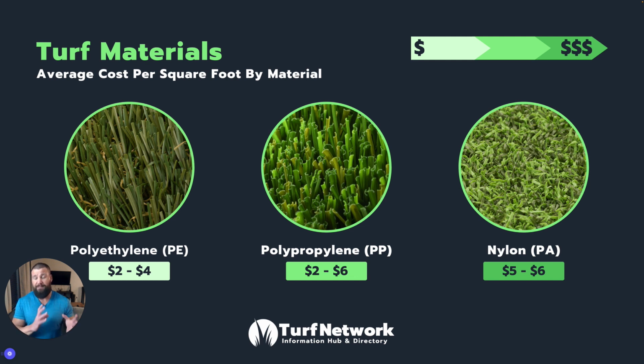One of the downsides of nylon is, as a material itself, nylon is a lot more abrasive than polypropylene or polyethylene. So it's not the most comfortable, but for pets, it's perfect because it's more durable than the other two materials and just holds up better to the constant foot or paw traffic, for that matter, that turf products need to be able to withstand in pet-friendly applications.